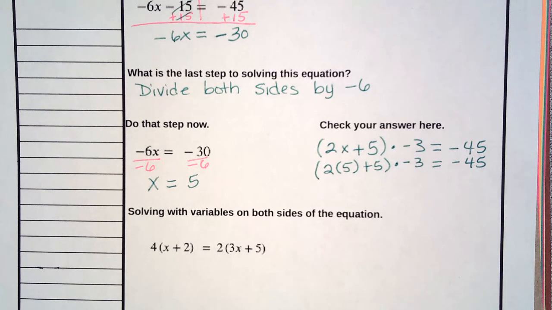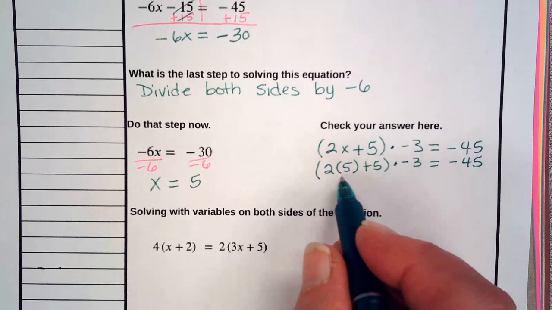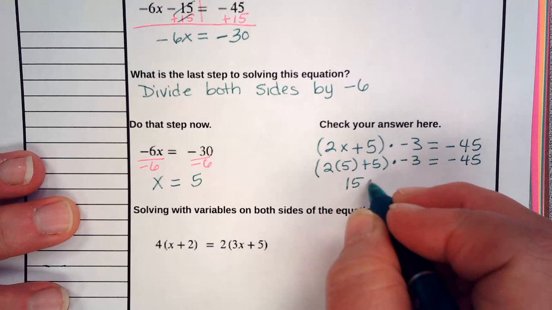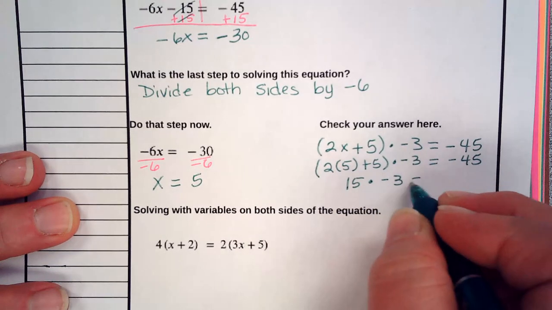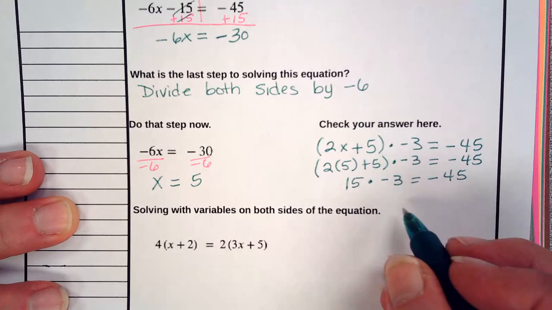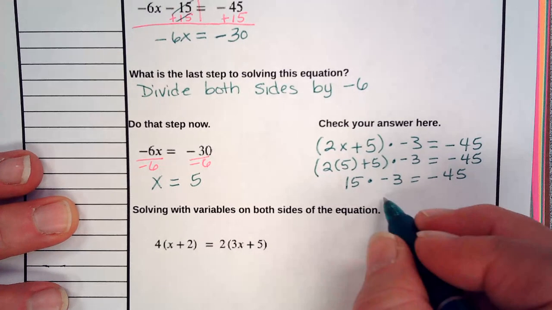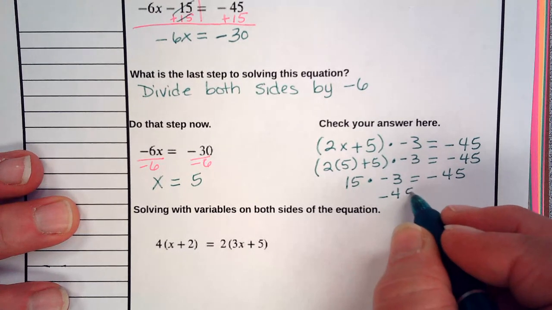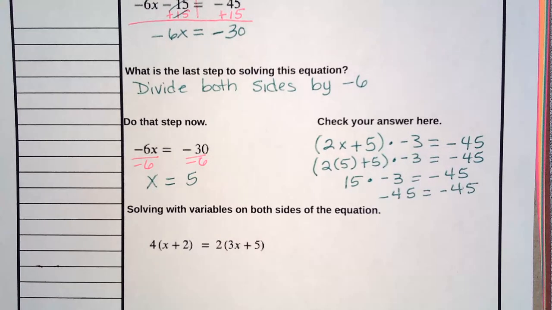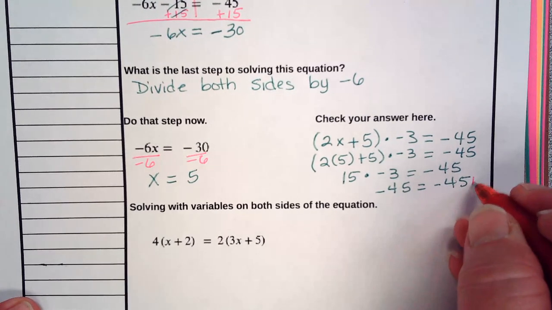Two times 5 is 10. 10 plus 5 is 15. 15 times -3 is -45. That is equal to -45. I have checked my answer and it is correct.